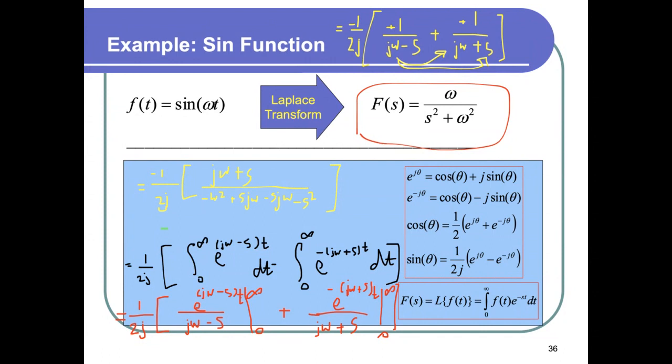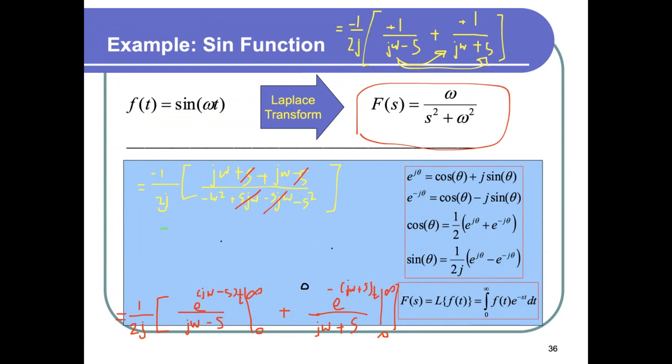For this guy, we will have j omega minus s, right? Notice the following. This term will cancel with this term. This term will cancel with this term, correct? Now, if I just write down the result, we get this guy.